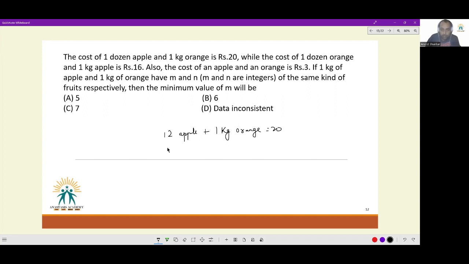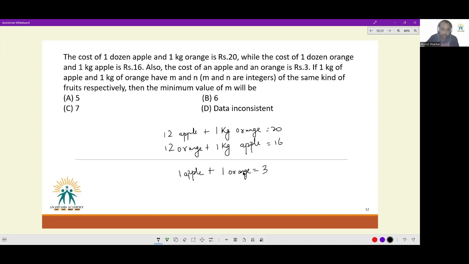And 12 oranges plus 1 kg apple costs 16 rupees. We've also been told 1 apple plus 1 orange is equal to 3 rupees.